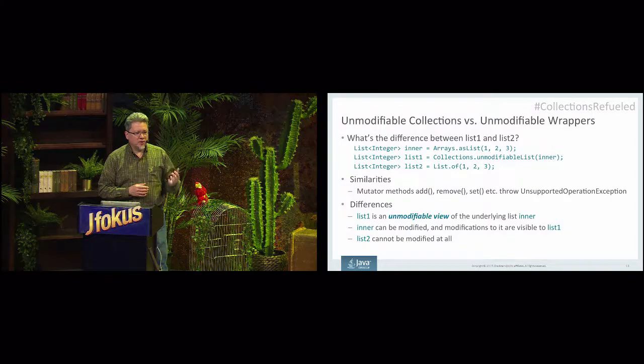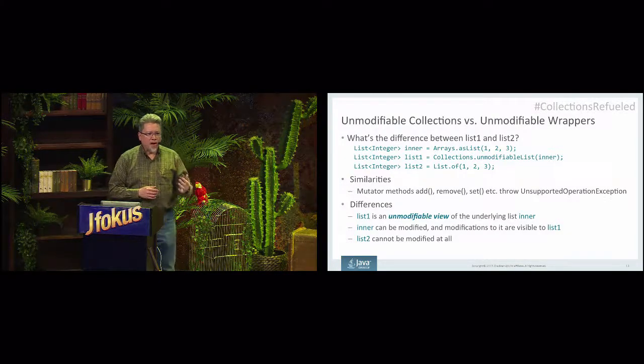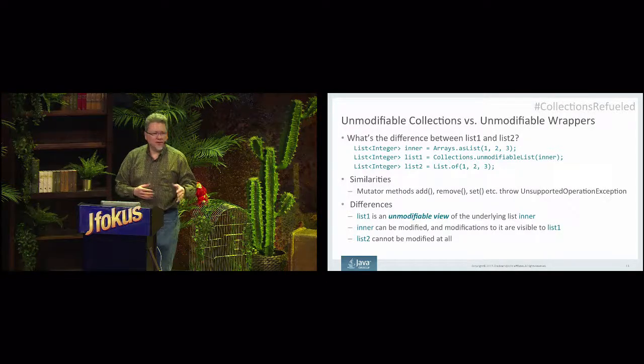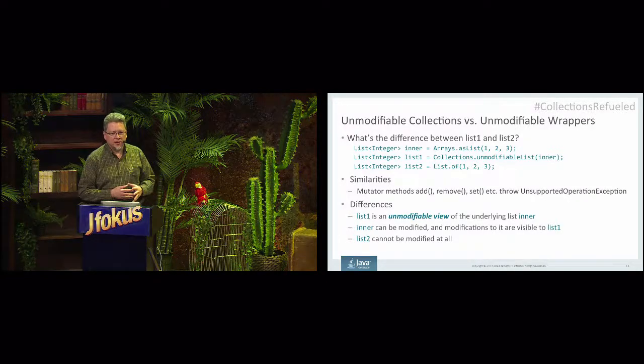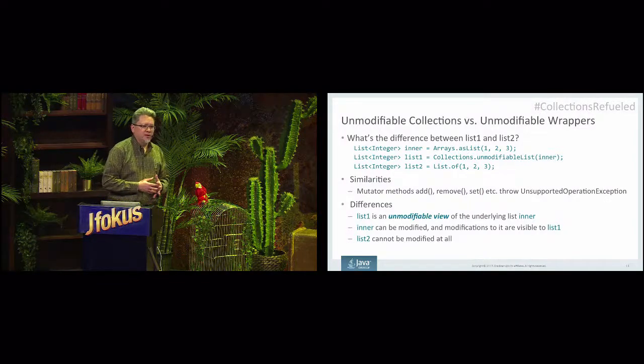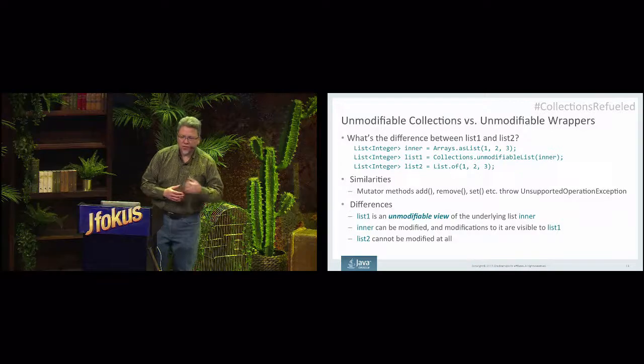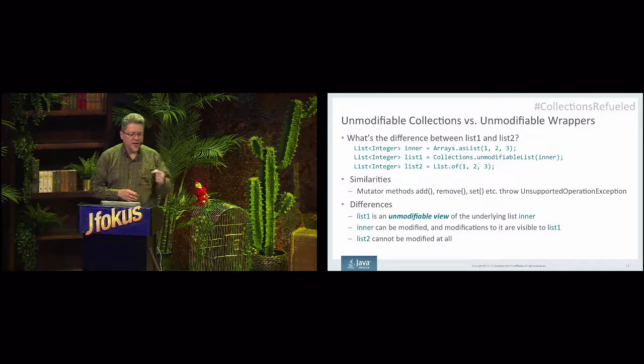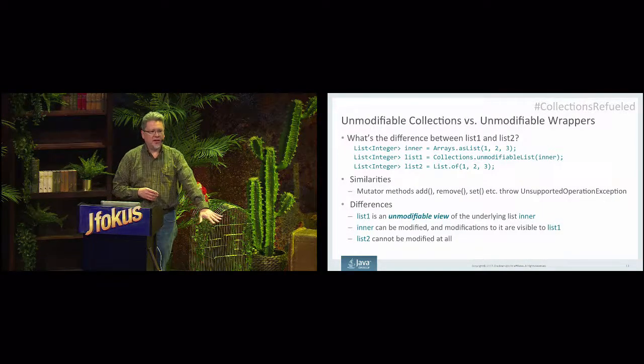The first list, I wrap in the unmodifiable list wrapper. I forget when these were introduced. They were introduced very long ago. They might have even been introduced all the way back in 1.2, along with the original collections framework. So the unmodifiable wrappers have been around for a very long time. But they're just wrappers. There's still an underlying collection that might be modifiable.